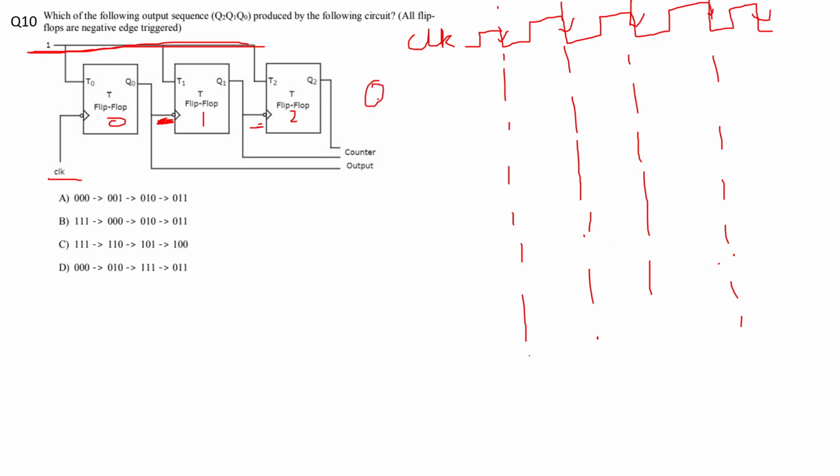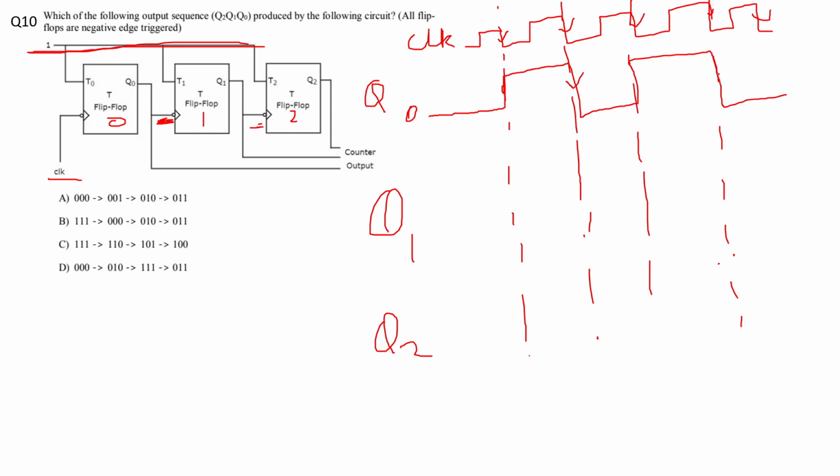So this is Q0, this is Q1 and Q2. For negative edge triggering, the triggering will happen at the clock negative edge. So here, here, again here. For negative edge, the toggling will happen. So now I'll mark the negative edges of this Q0, because this is the input clock of Q1, of T flip-flop 1. So let's just assume all were 0, 0, 0.